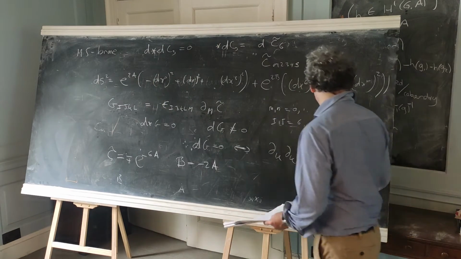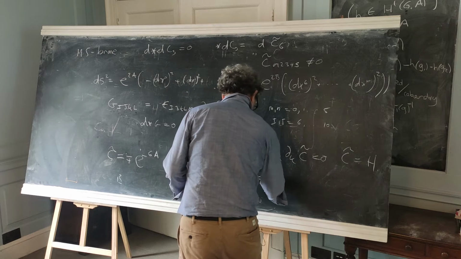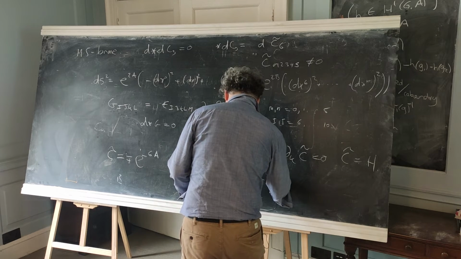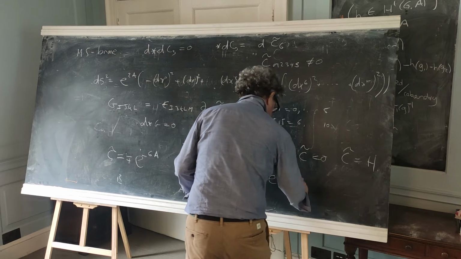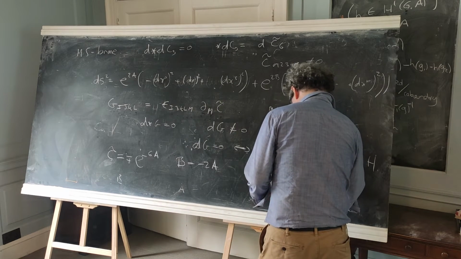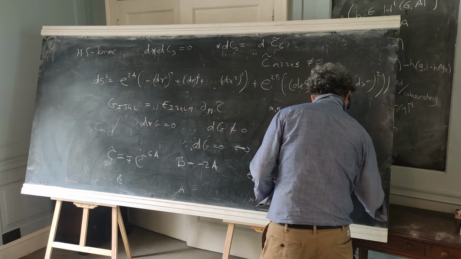And we've already seen that C tilde has to be the harmonic function, and the spinor is, according to my notes, e to the minus a half a epsilon 0, and gamma 6, 7, 8, 9, 10. I did it this way.